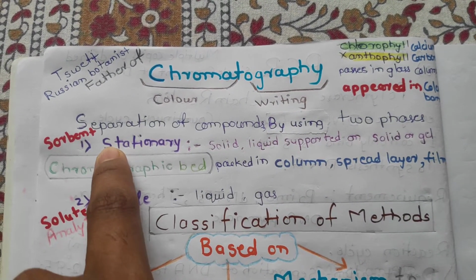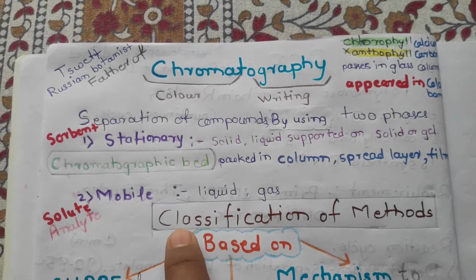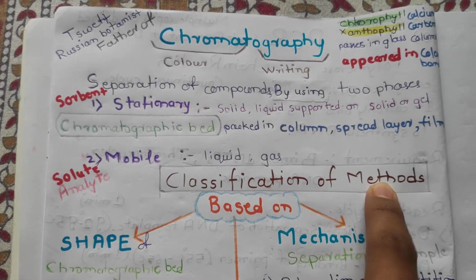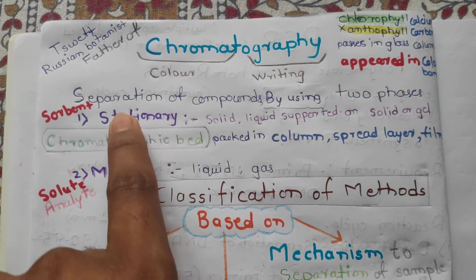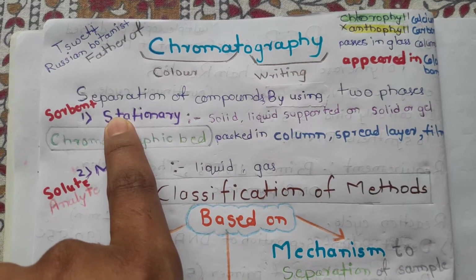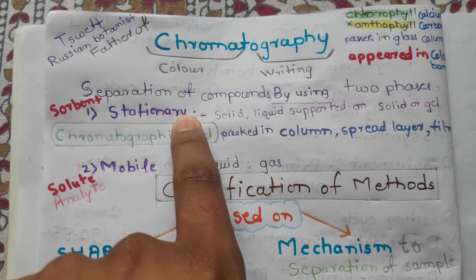So the stationary phase depends on the different methods of chromatography. There are two phases. First is the stationary phase.